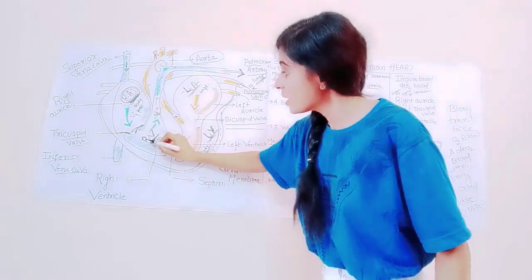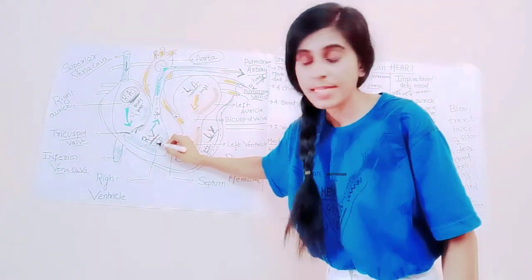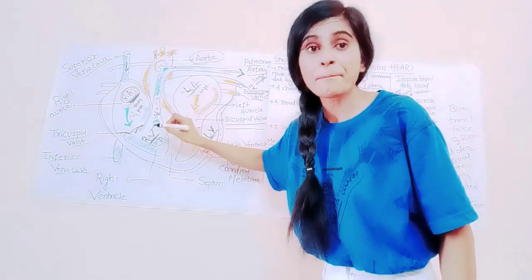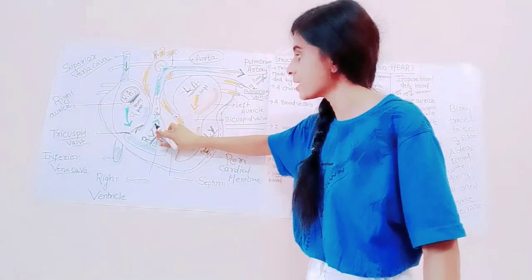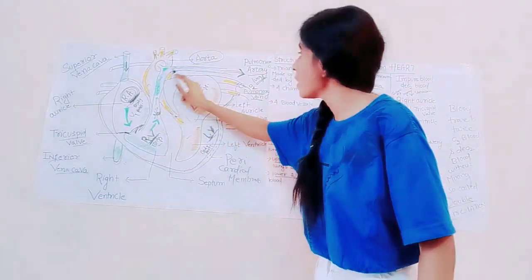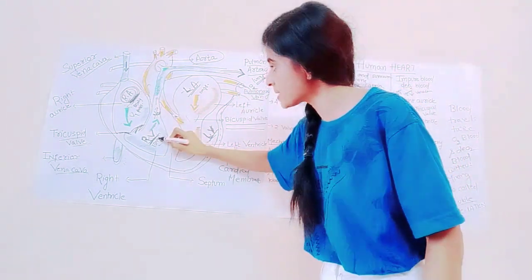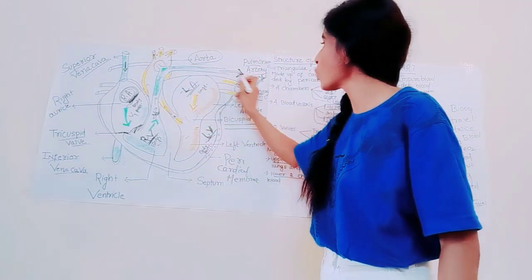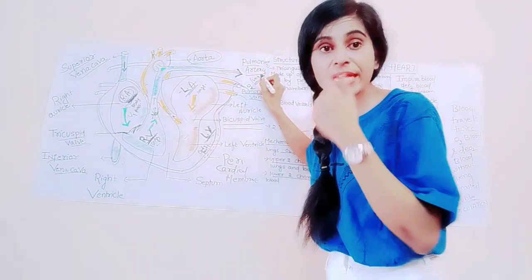So now the right ventricle is full of impure blood. The right ventricle will pump that impure blood by the opening of a valve through the pulmonary artery to the lungs. So impure blood will be transported to your lungs for purification by the help of the pulmonary artery.